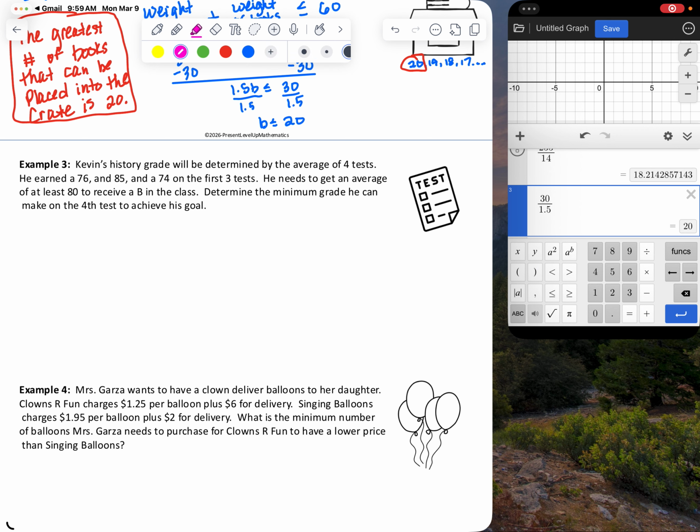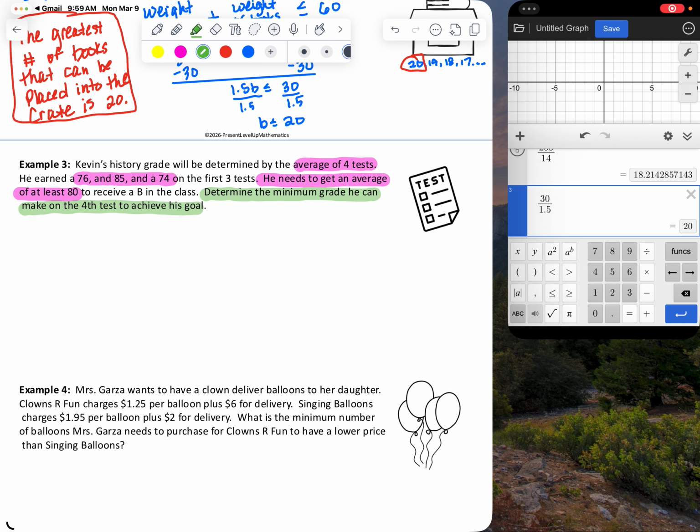We know that his grade will be determined by the average of 4 tests. We also know he earned a 76, 85, and 74 on the first 3 tests. We also know he needs to get an average of at least an 80 to receive a B in the class. Our unknown: determine the minimum grade he can make on the 4th test to achieve his goal.